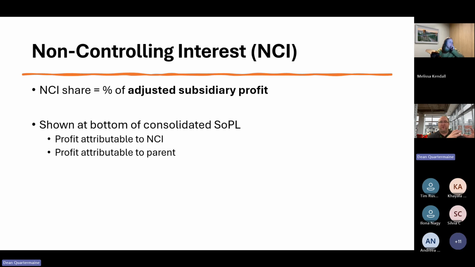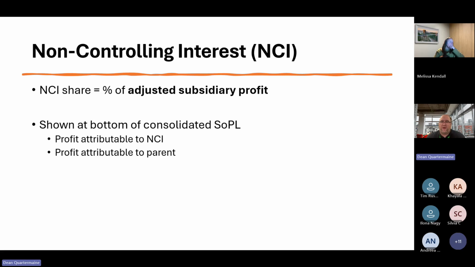The shareholders of the parent own all of the parent and a percentage of the subsidiary. The non-controlling interest own the remaining share of the subsidiary. They don't own any of the group. They own no part of that parent company.